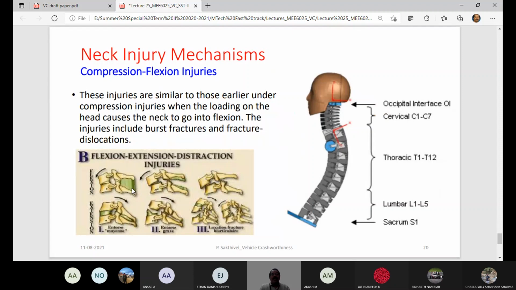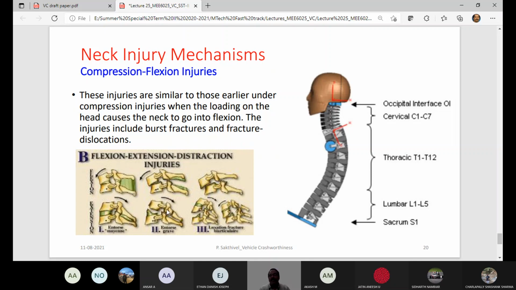And compression flexion injuries. These injuries are similar to those seen earlier under compression injuries, when the loading on the head causes the neck to go into flexion. The injuries include burst fractures and fracture dislocations. You can see there are three modes here.